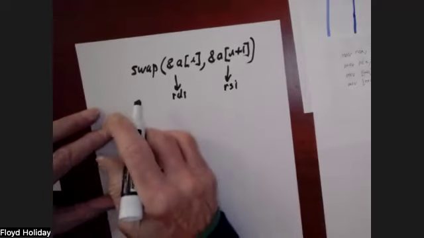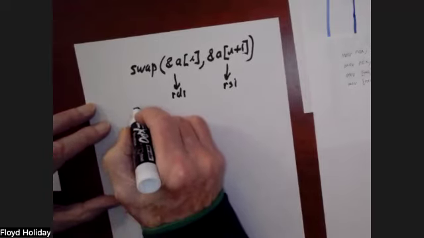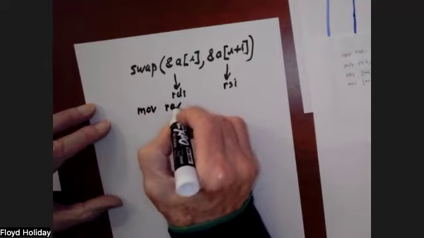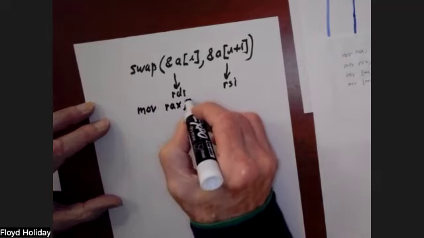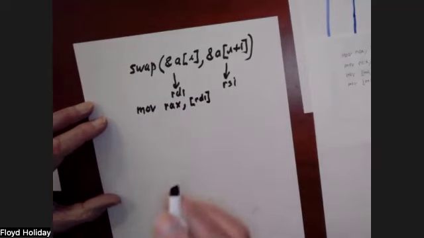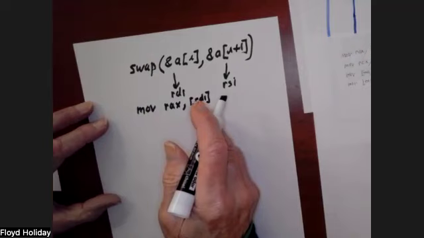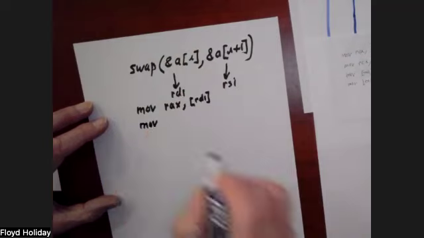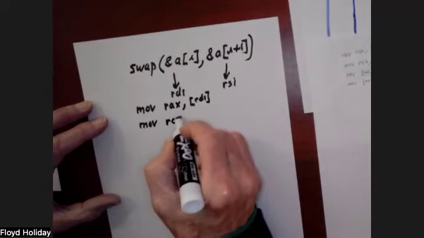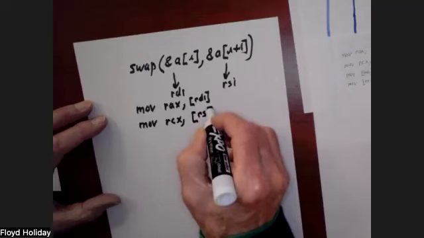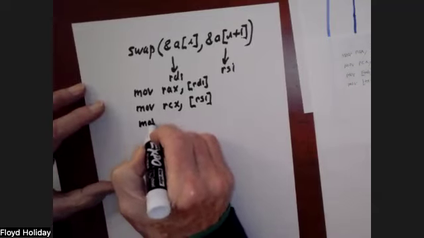Okay, so your classmate here has found this solution. Move RAX, dereference RDI. That's the actual number at slot I. Move RCX, dereference RSI, the other number. There's two more lines, and then we'll draw a picture and see if that makes sense.